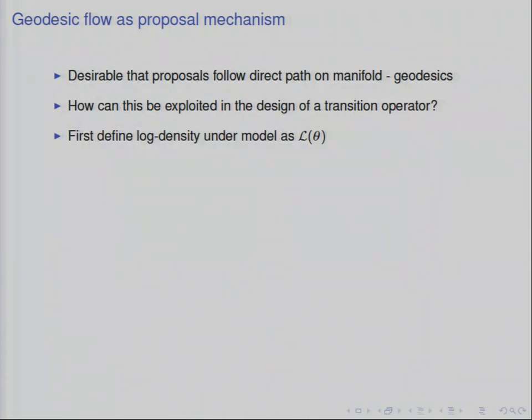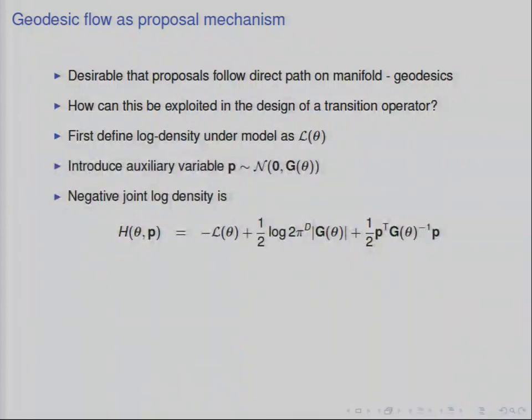We define the log density under some model, as we did yesterday. We introduce our auxiliary variable. Remember we did that? But what we did is we had some arbitrary matrix M, the mass matrix. Now what we're doing is we're saying that the covariance structure of our auxiliary variable is going to be equal to the metric tensor at the position theta. We then devise the negative joint log density again. Remember we had that yesterday?